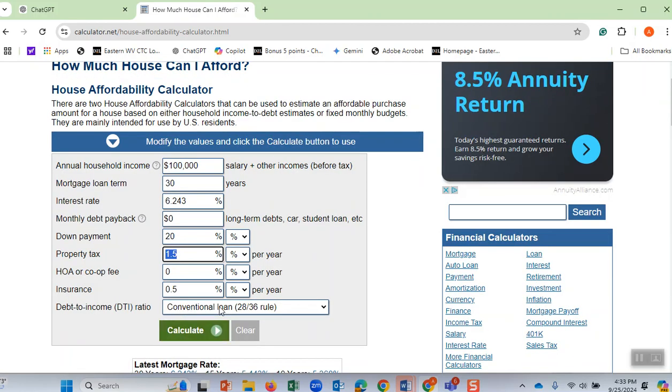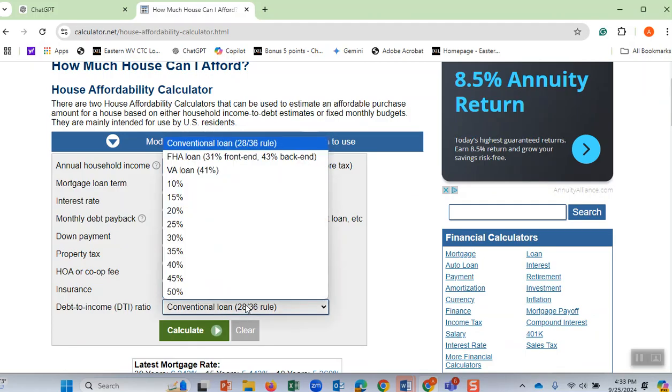and then conventional loan. This is very interesting because when I saw here, the meaning of this 28, look at this 28 here. The meaning of it is that you imagine you don't owe anything, any credit card, any car loans, any student loans.